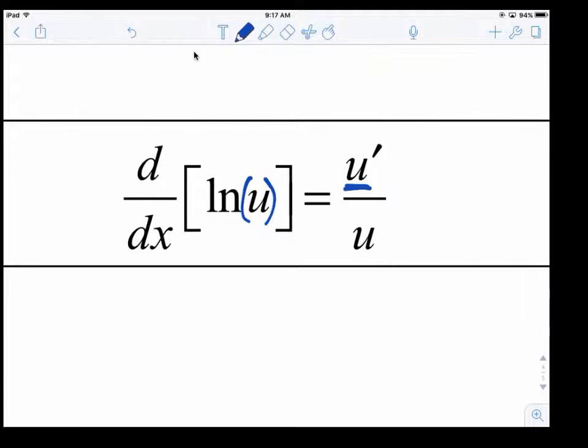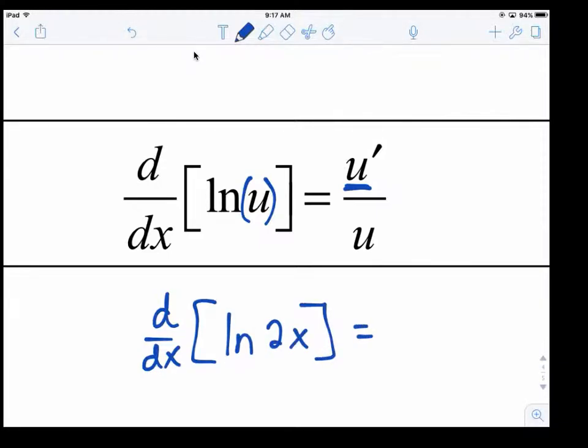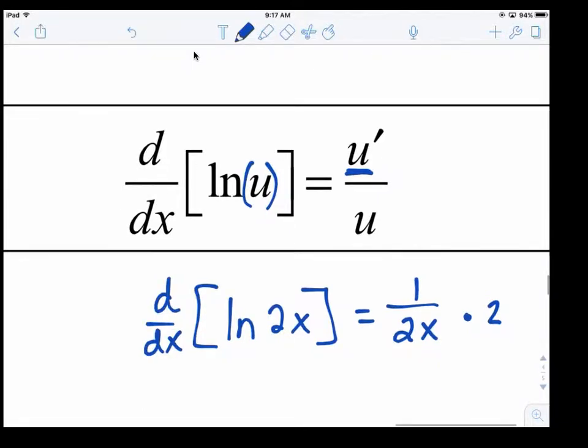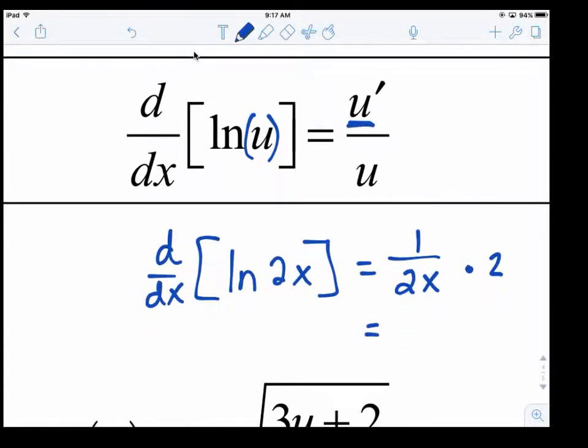So if I had, like, say, the derivative of ln of 2x, my derivative would be 1 over 2x times the derivative of the inside, which would just be 2. So that simplifies to 2 over 2x, which is just 1 over x.